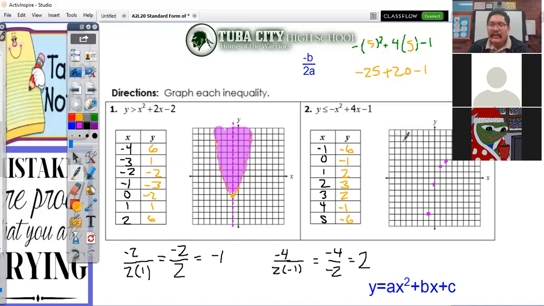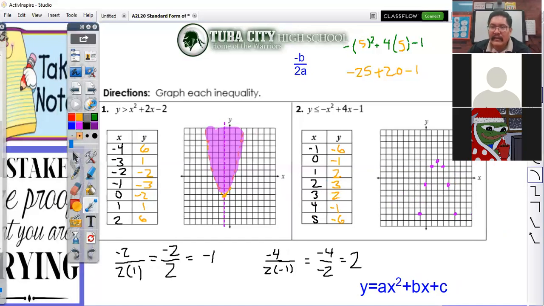So if this is 1, it's gonna have that same shape. And let's see, over 3 up 2, over 4, negative 1, 5, negative 6. Now for this one, I can go ahead and use the tool because I need a solid line, not a dashed line this time.